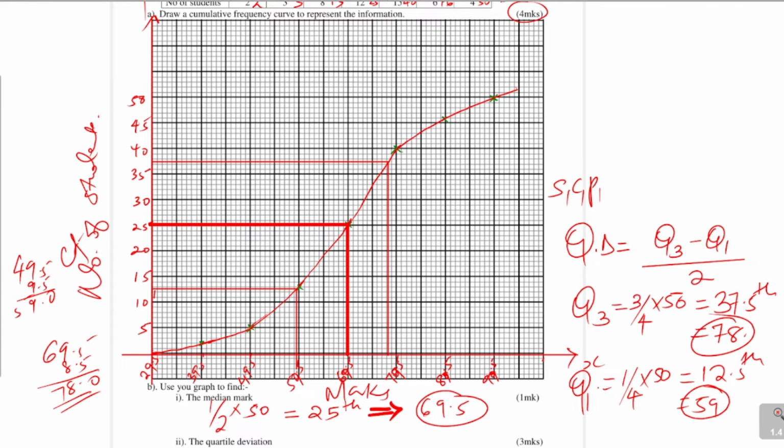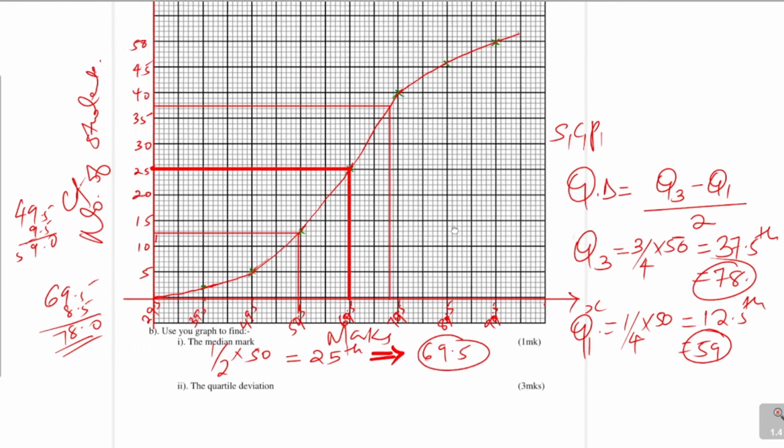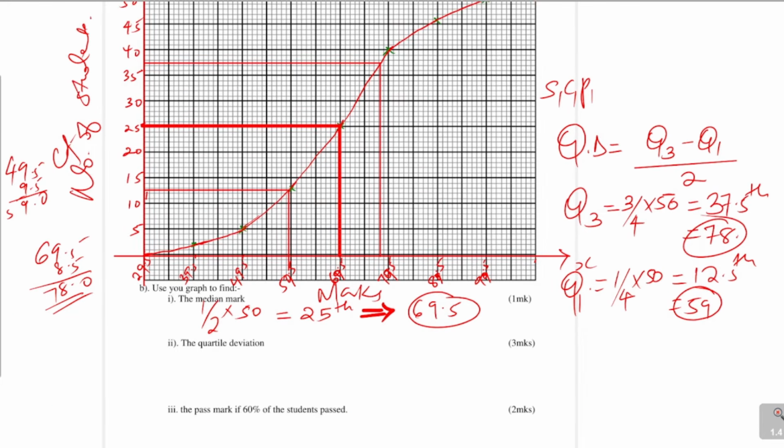So now, having the upper quartile as 78 and the lower quartile as 59, we can get the quartile deviation by taking Q3, which we got as 78, subtract Q1, which is 59, then you get the average of that.